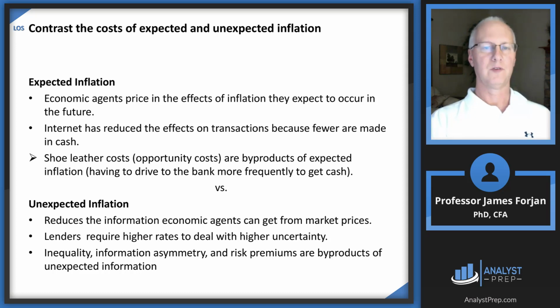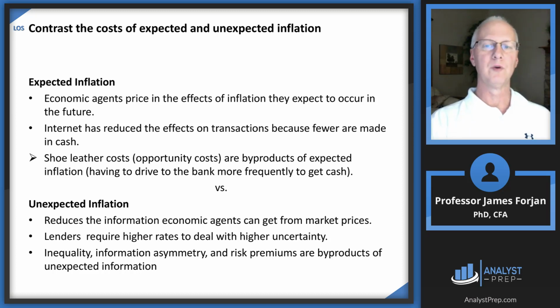Now, what are the costs of these kinds of things? If we expect inflation, then that's going to dictate our behavior. For example, if we think there's going to be higher inflation than in the previous year, well, that might change our behavior. There are these opportunity costs.